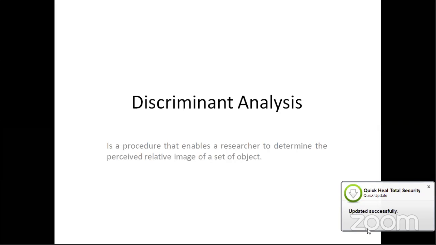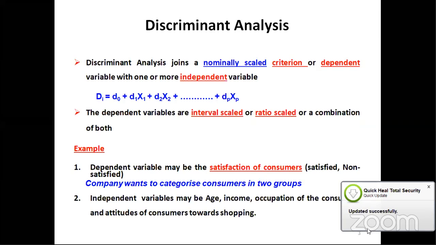If the scale of your dependent variable is ratio or interval scale, then what should we do? We should go for the multiple regression analysis. And if the form of the dependent variable is nominal scale, categorical scale, then we should go for the discriminant analysis.